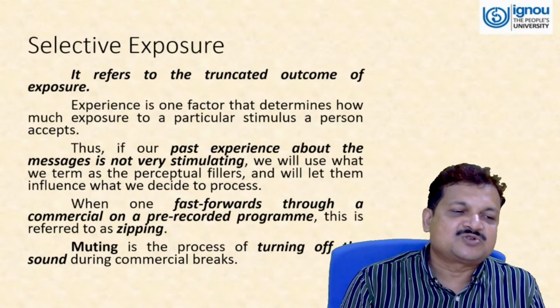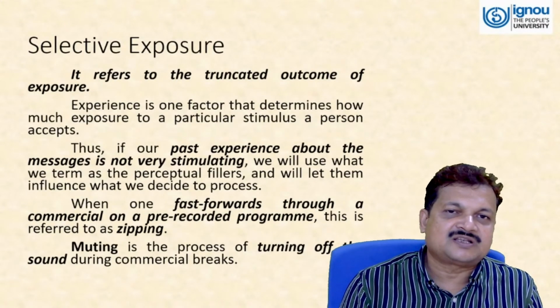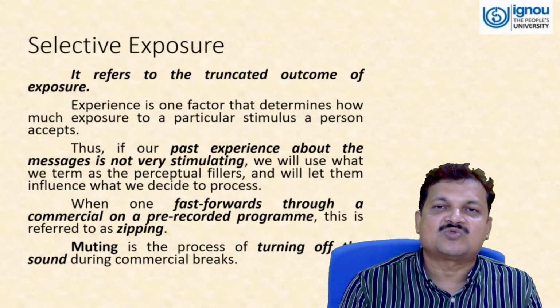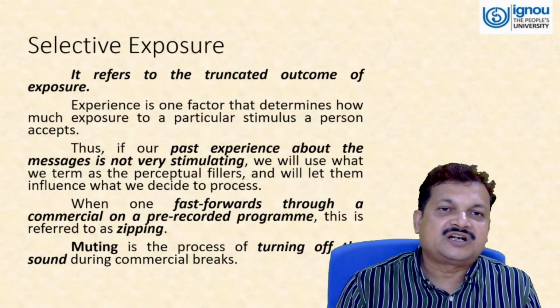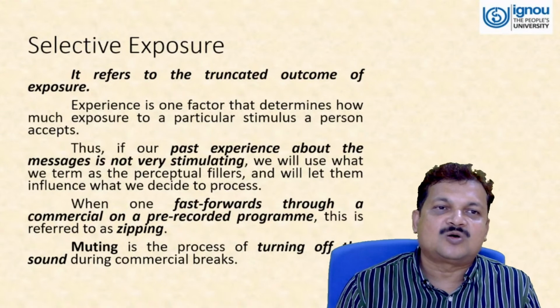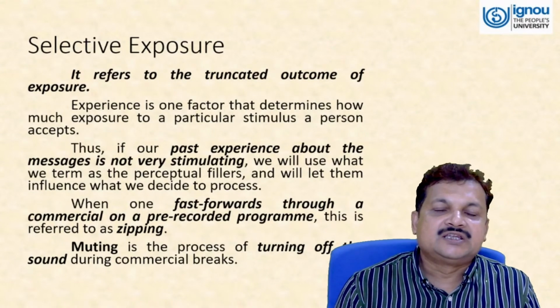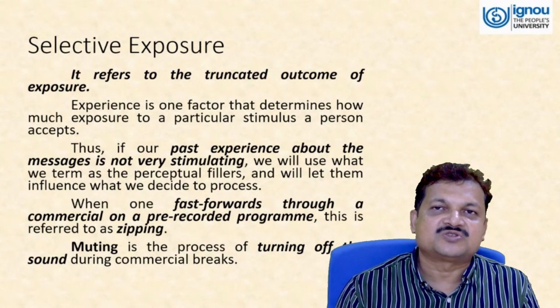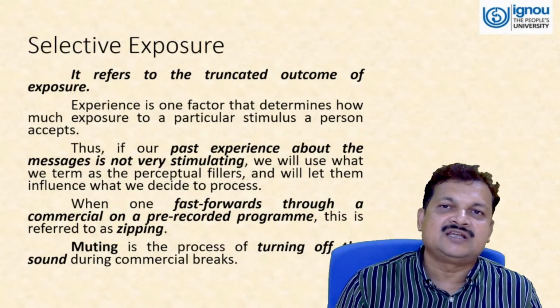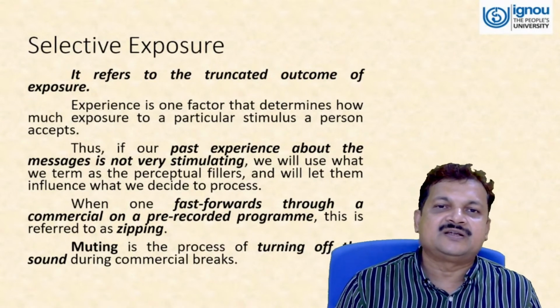Now, selective exposure: here you make selections of what to see or what not to see. It refers to the truncated outcome of the exposure. You verify the outcome of a particular exposure, and once you have seen that it is good, fine. But, for example, when welding is going on, the lights are very bad.